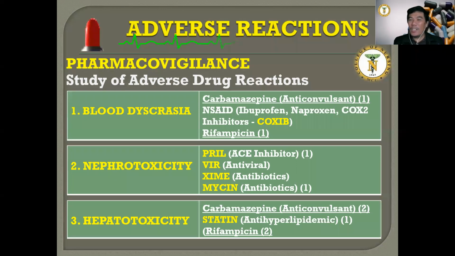So from the term itself, vigilance. You need to have careful studies. You need to monitor safety. So these are covered by pharmacovigilance because in every drug that will be released to the market, it will always identify those drugs that may have contraindications, drugs that may not be subject for administration on certain population groups.